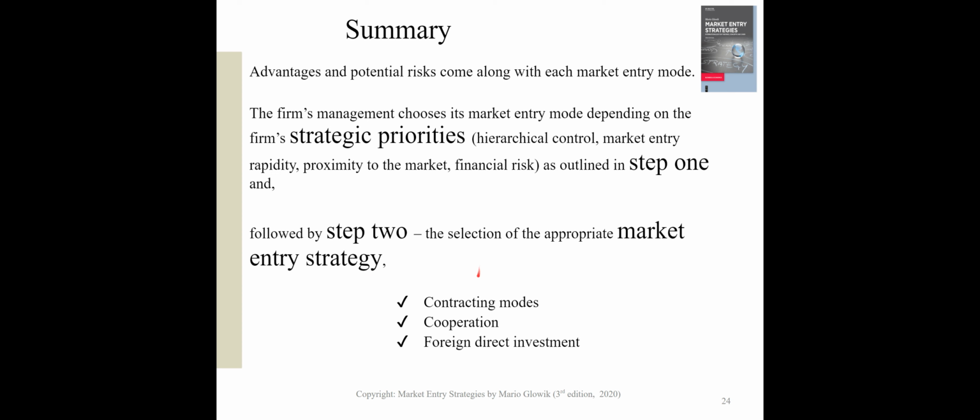And once again, let me repeat, we have contracting modes such as exports, licensing, franchising, original equipment manufacturing, turnkey contracts and management contracts. We have cooperation modes, joint ventures and strategic alliances, and we have foreign direct investments like greenfield investments, acquisitions, equity participation at the foreign firm, or mergers.